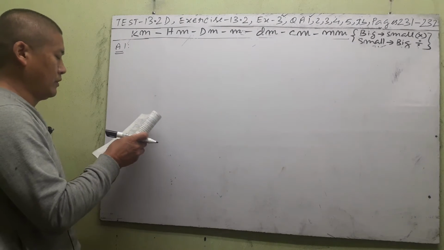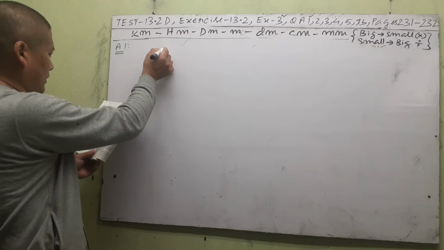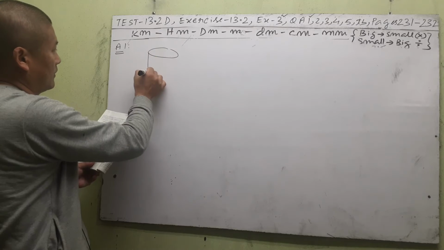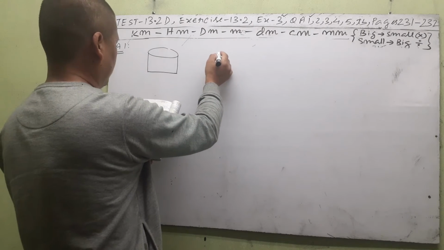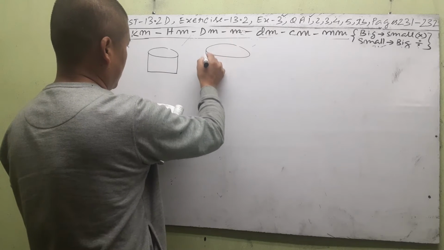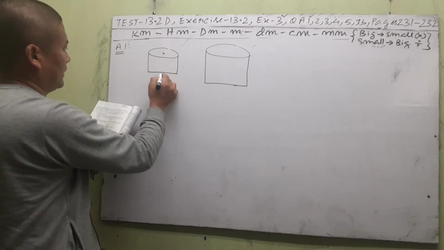So the radii, okay. First cylinder, another one, let's say. So the radii are in the ratio.